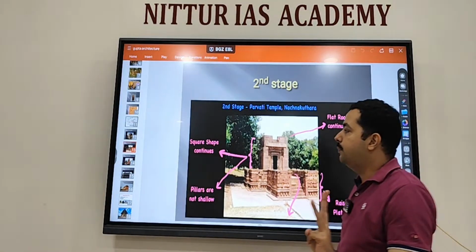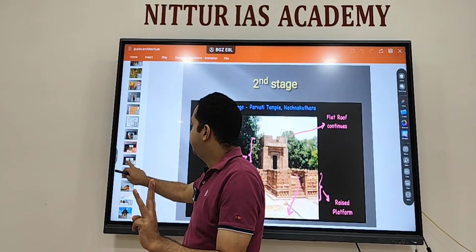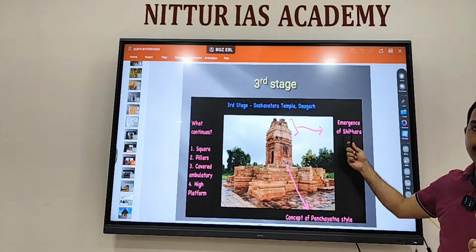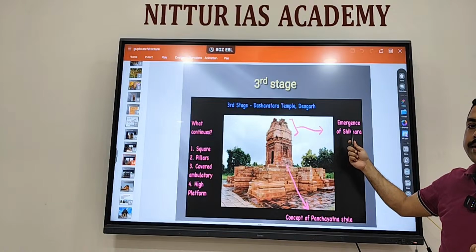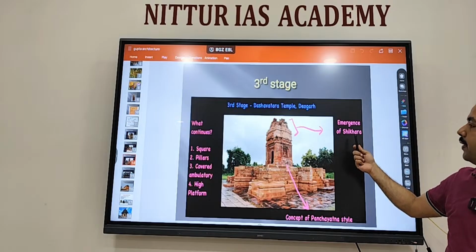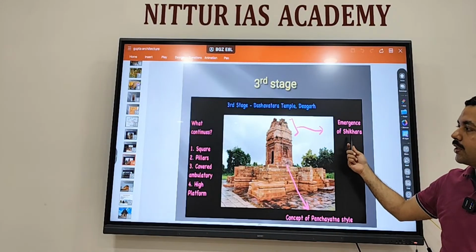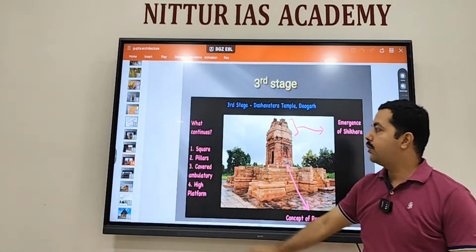Third stage you write down: emergence of Shikhara.